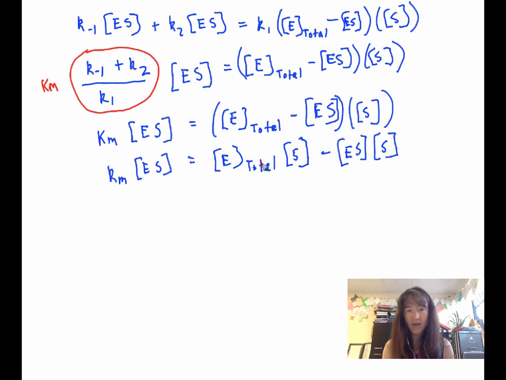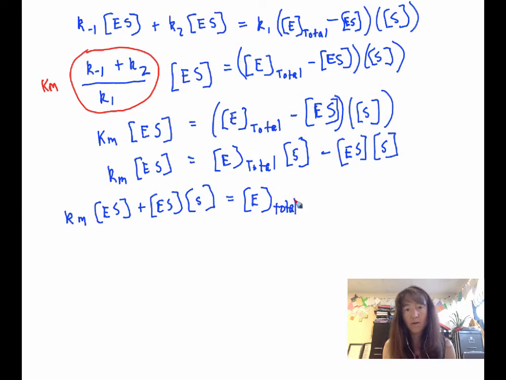But this puts us in a better place to group the terms with enzyme substrate in them. So if we want to go ahead and bring that over where we have Km times enzyme substrate plus enzyme substrate times substrate is equal to E total times substrate. Okay, so we're looking pretty good there, so that we could group enzyme substrate, right?